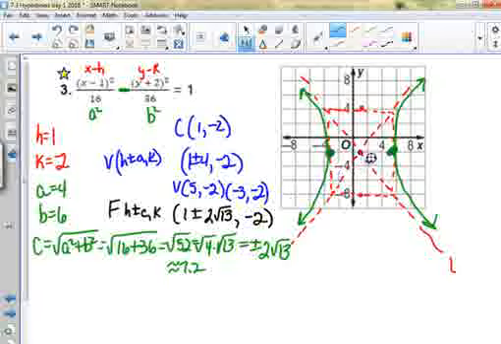So if this was 1 plus 7.2, they'd be 1 at 8.2. And 1 minus 7.2 would be like at negative 6.2.